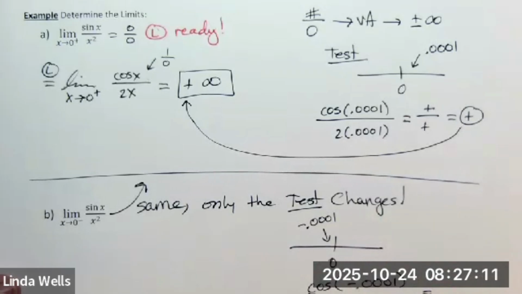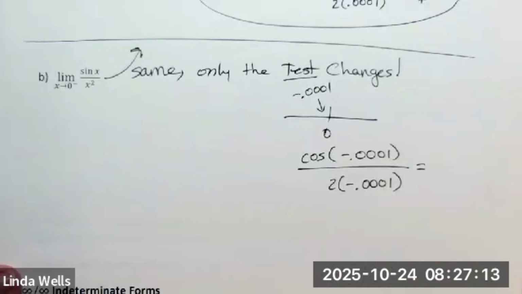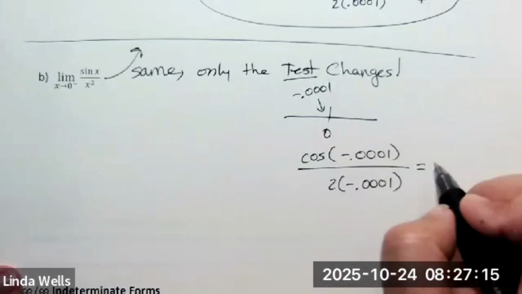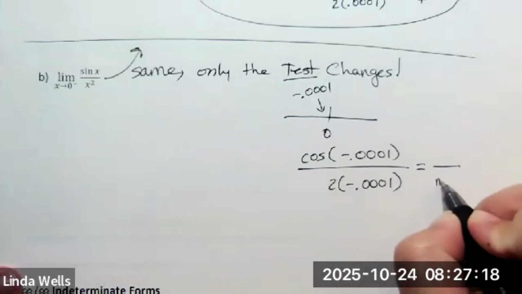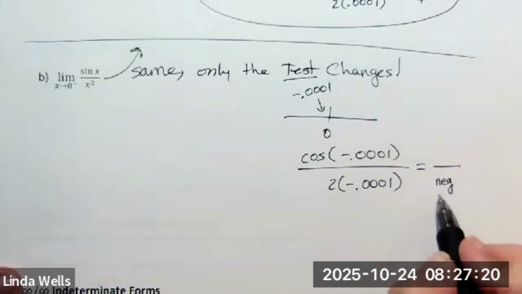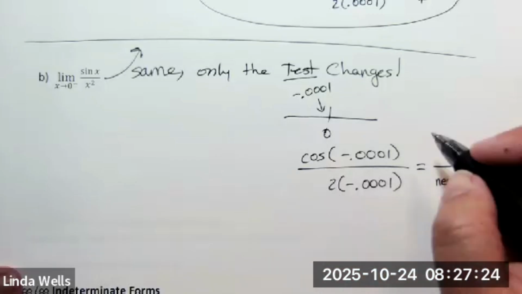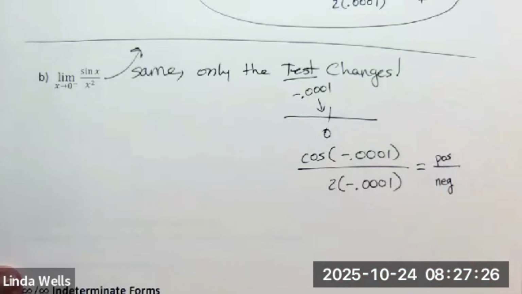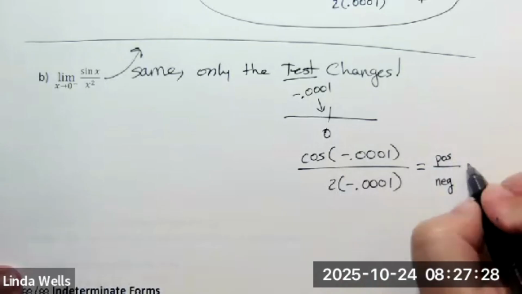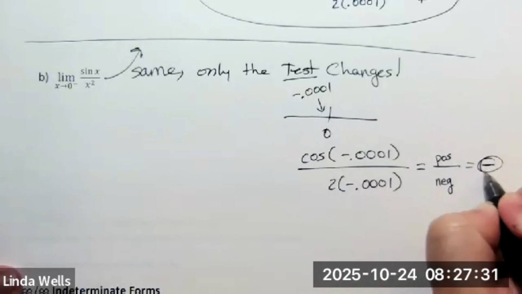Any idea of what that is? Positive or negative? Bottom's negative. What's the top? It's positive. Do your calculator, it'll tell you. So we end up with a negative.